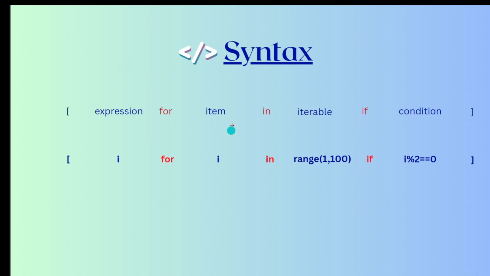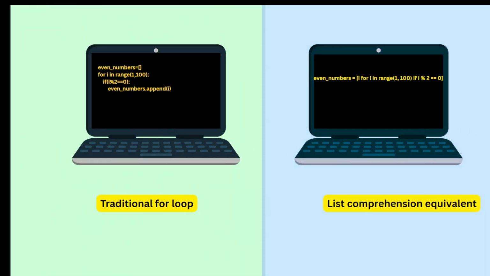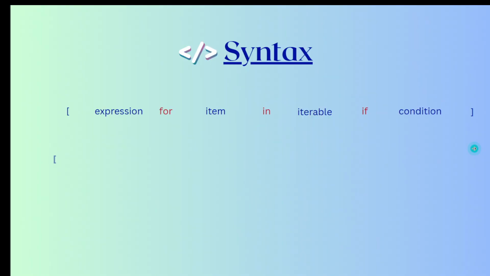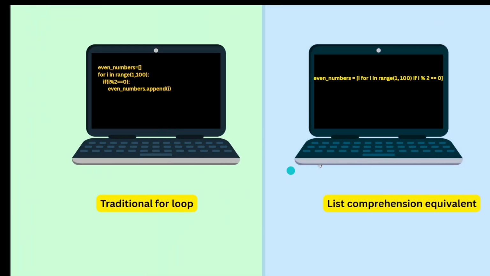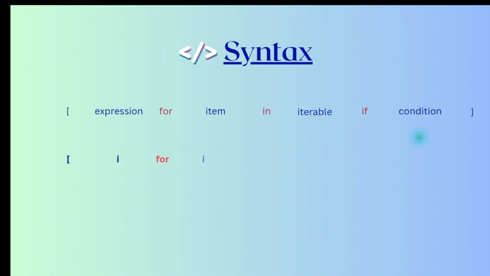So here we have the square brackets, then this i is my expression, that is what I need to copy into my list. Then this for is a keyword for the for condition.